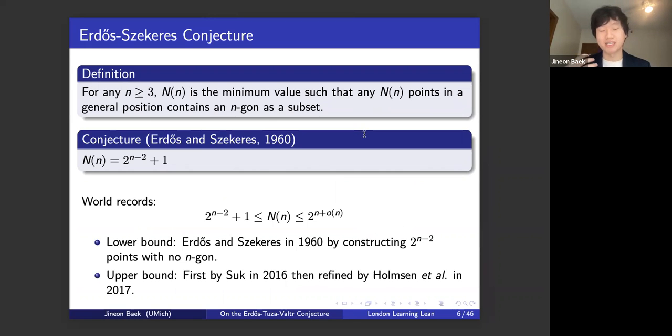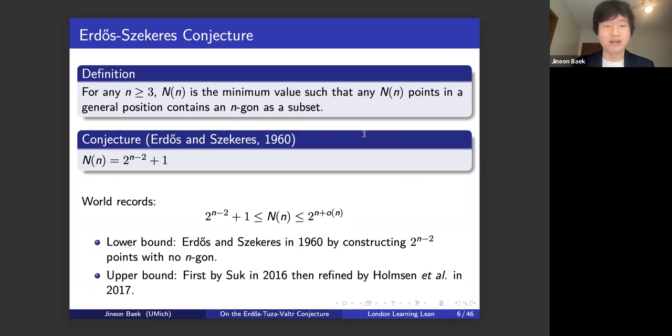We don't expect any of these maximum numbers to have a formula. But this one does have a conjectured formula. And if it ever is true, that's somehow magical, because a lot of times we don't see equalities at all in those Ramsey theoretic types of problems.